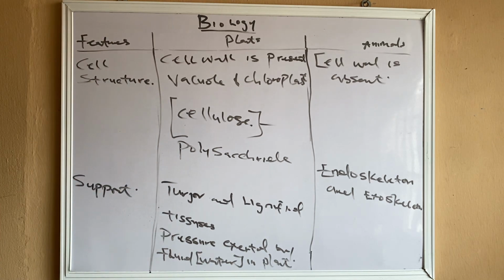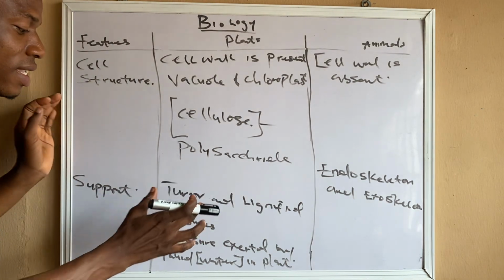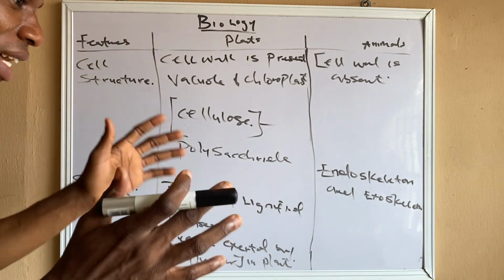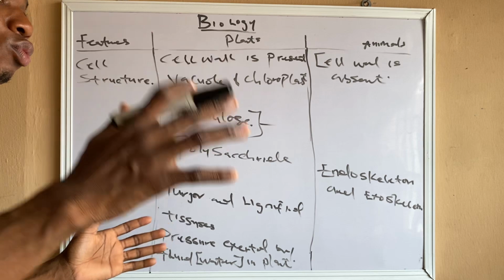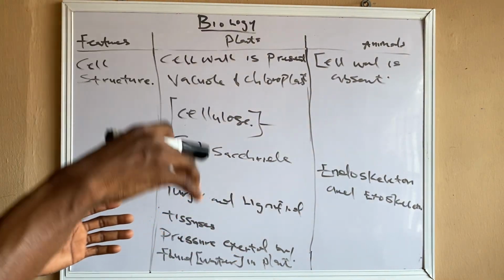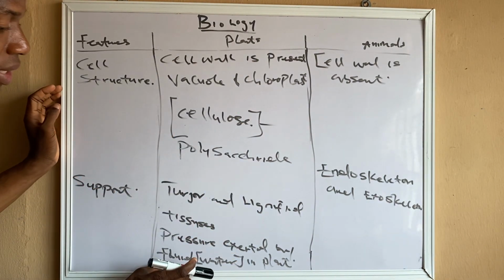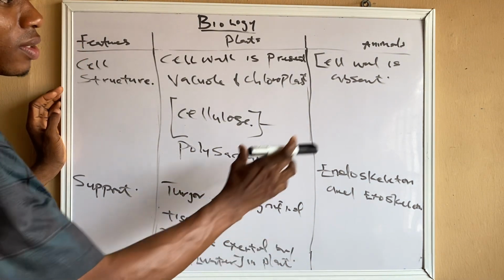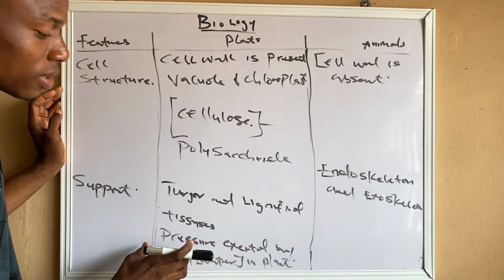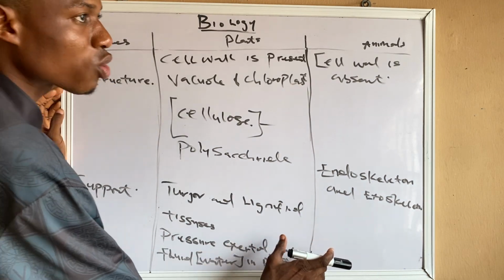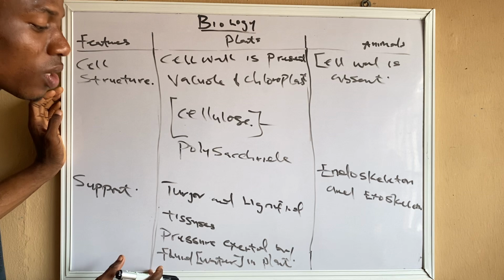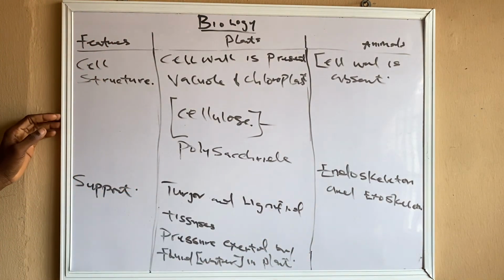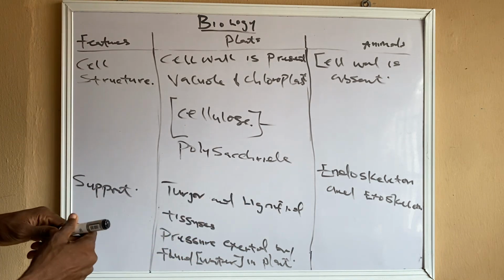That's the reason why we have different processes where pressures are being exerted. There's a situation where there's more salt than water, and a situation where there's more water than salt in the same tissue of a plant. That is structure.